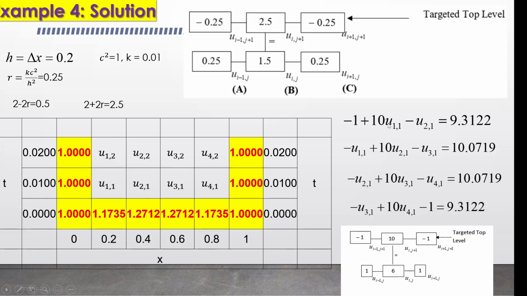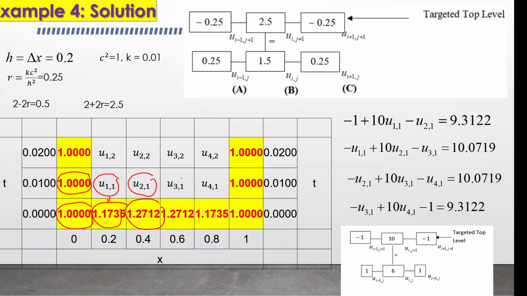To obtain the first equation, you apply the molecule from here, equal to this, this, this. So you have negative 1 plus 10 times u11 minus u21.